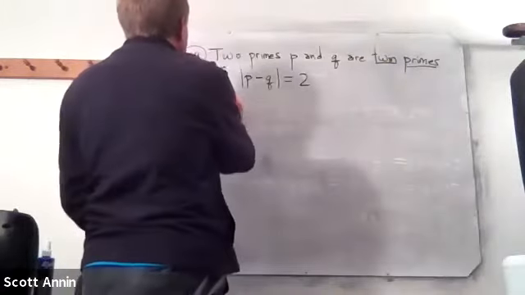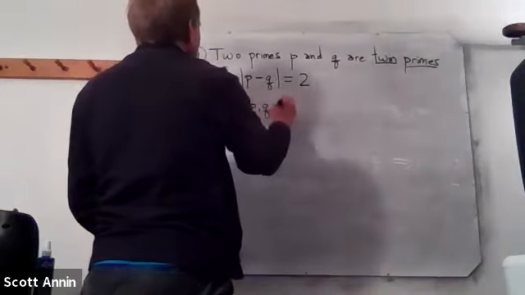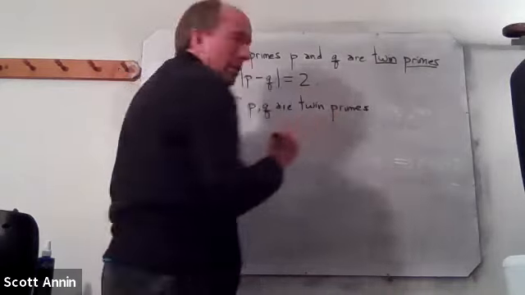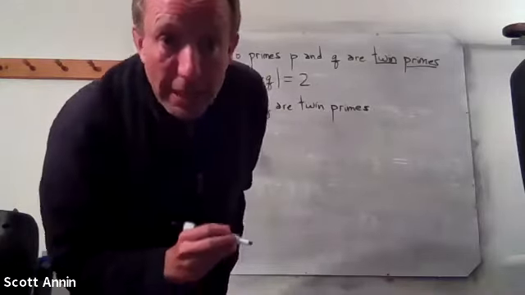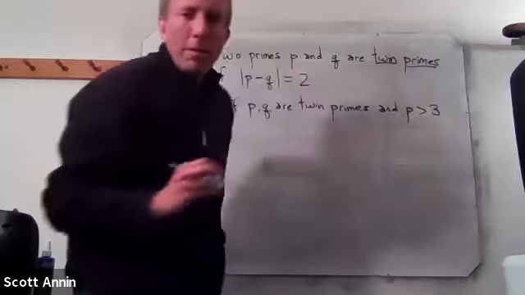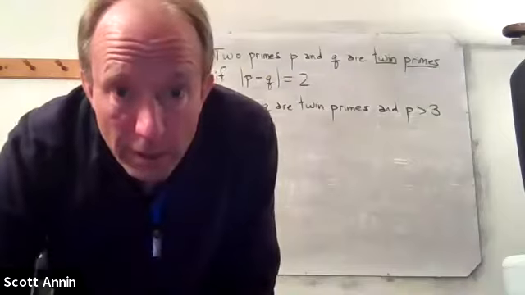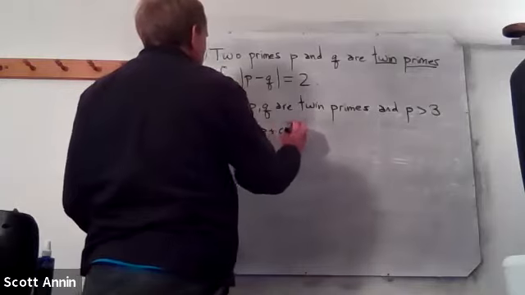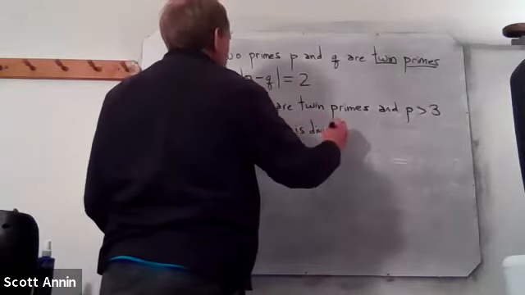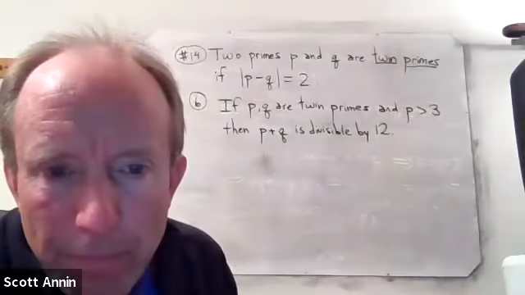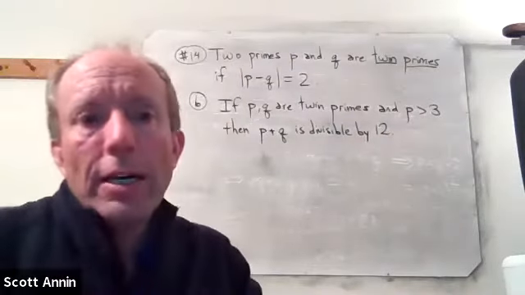So again, if P and Q are twin primes, and P is greater than 3, then P plus Q is divisible by 12.